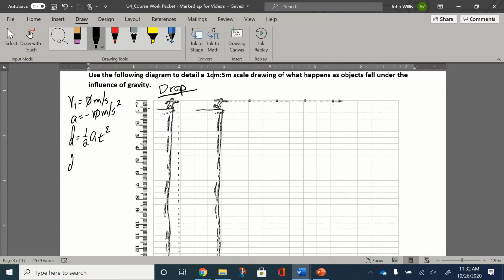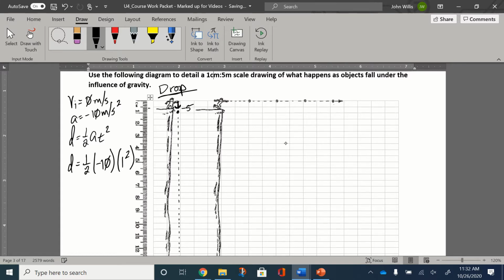So literally all we did in class together was, in your first second, we plugged in 1 second for time. After 1 second of free fall, this object is going to fall down 5 centimeters. Or sorry, not 5 centimeters, 5 meters. So it falls down 5 meters, right? 1 squared is 1, multiplied by -10, divided by 2 is going to be -5.